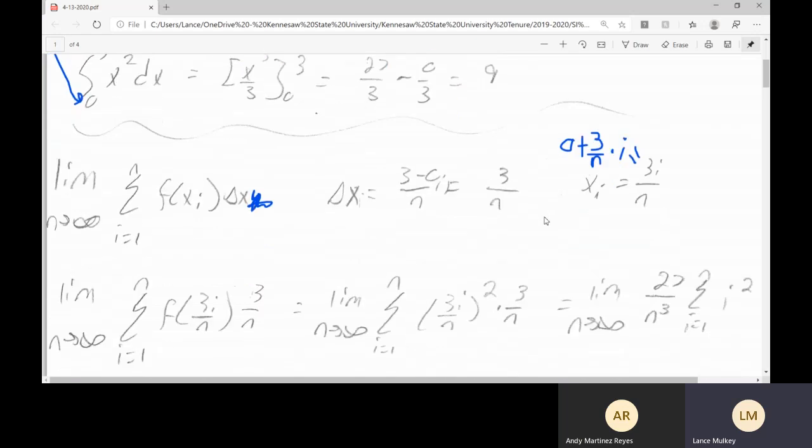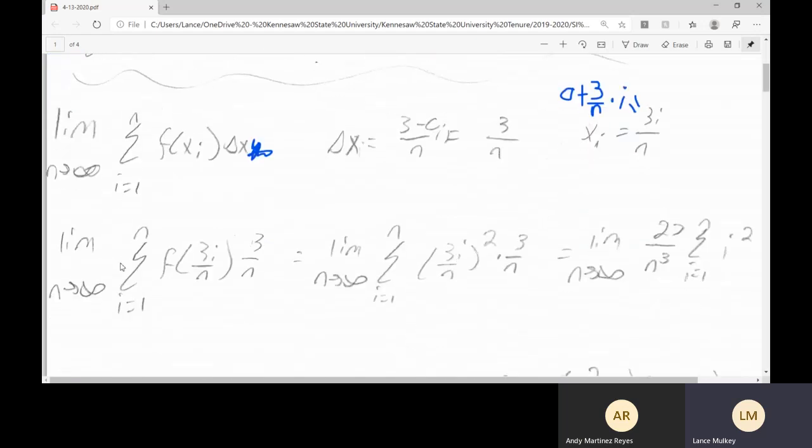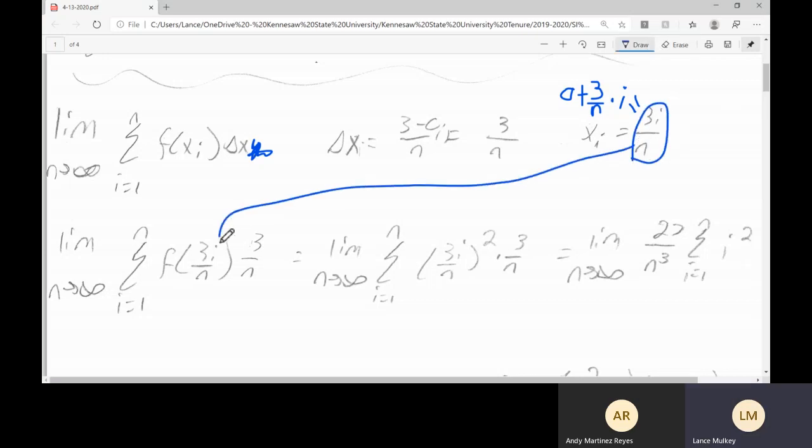Okay. So now is when you just got to start plugging in. Never drop your limit till the very end. So you have your xi, right? Mm-hmm. So you take this, you plug it in right there, inside the equation, because f of xi.